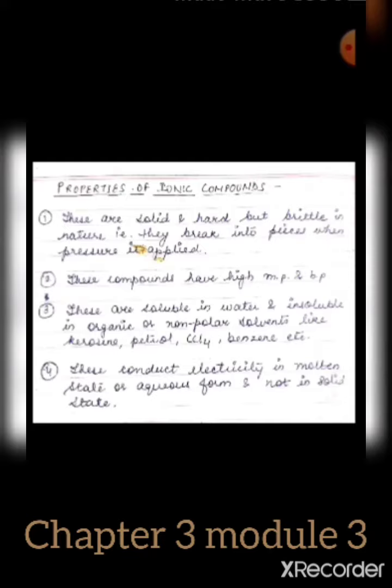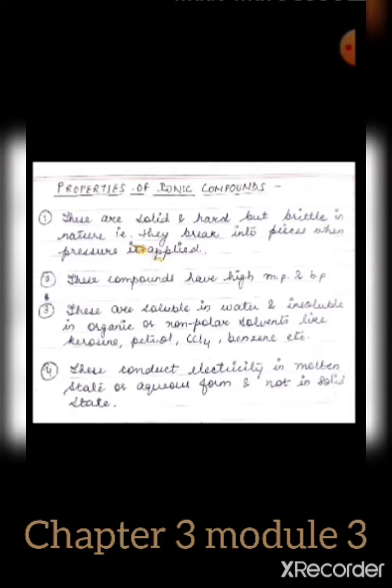Then the fourth one is that these conduct electricity in molten state or aqueous form and not in solid state. This is very clear: if electricity has to flow, there should be some ions or electrons. If the ionic salt or compound is in molten state or aqueous form, then only it is dissolved or dissociated into ions.